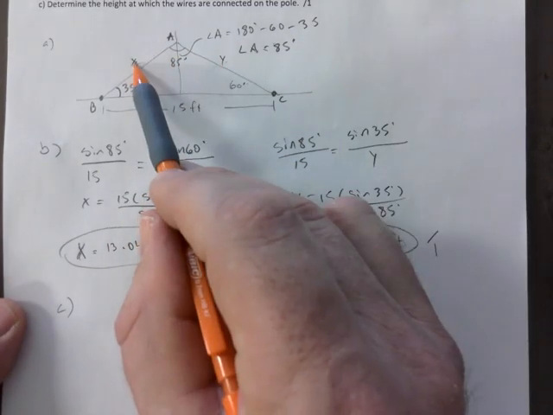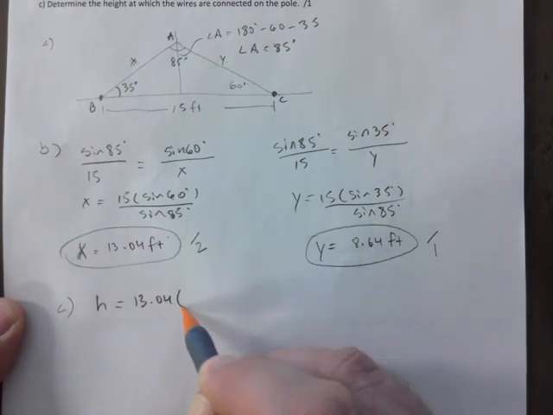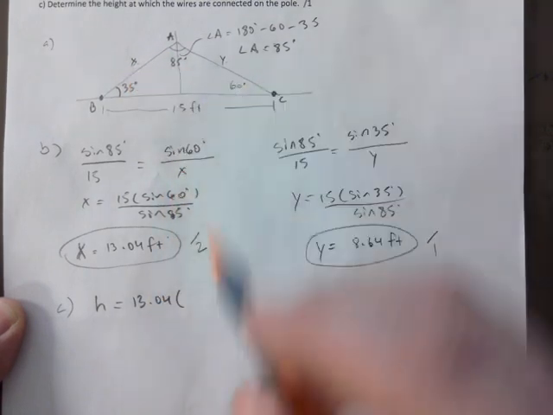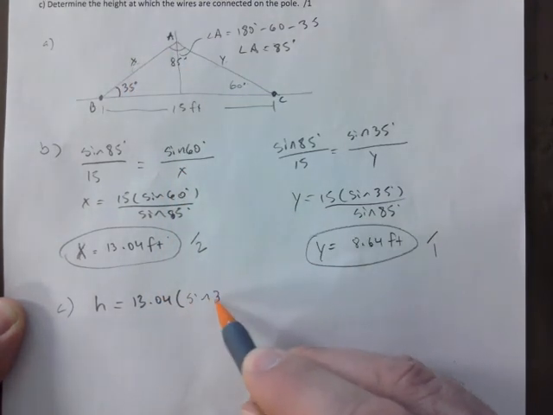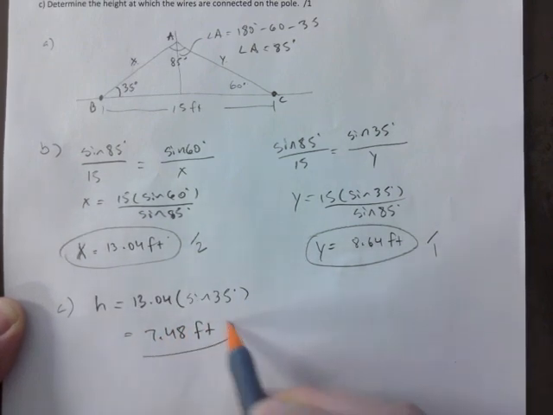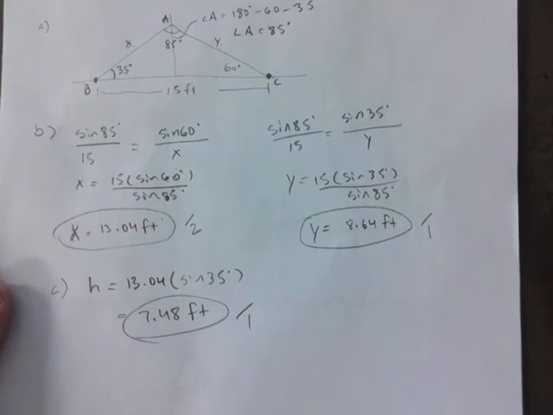C, you have options here because you know both wires. So if you want to use X, 13.04, this side right here times sine of the angle that's touching that slanted side. And so you get 7.48 feet is the height of the pole. That's just a 1 mark scenario.